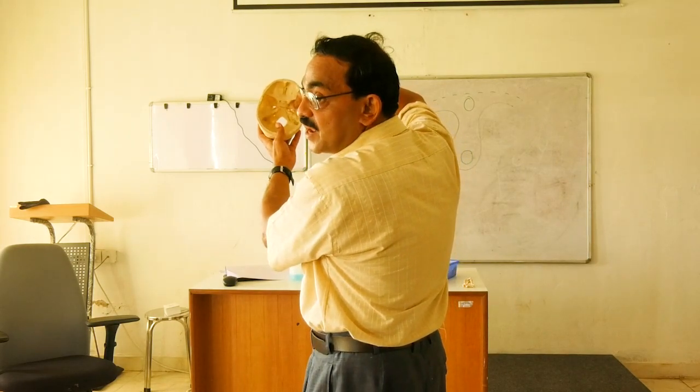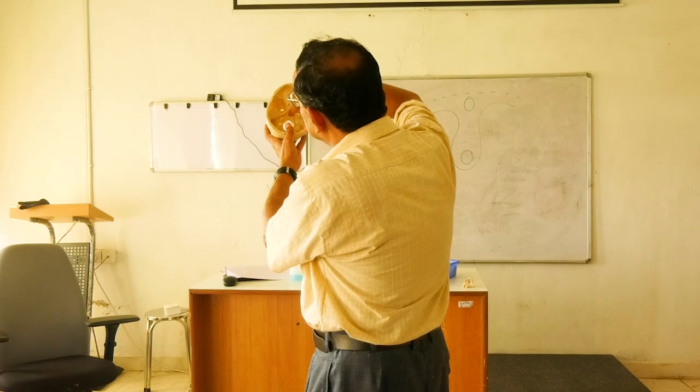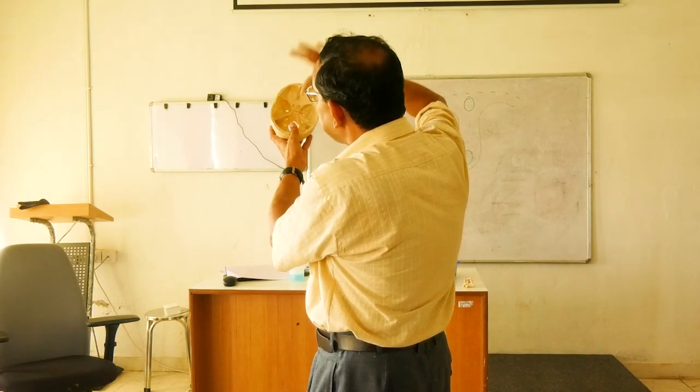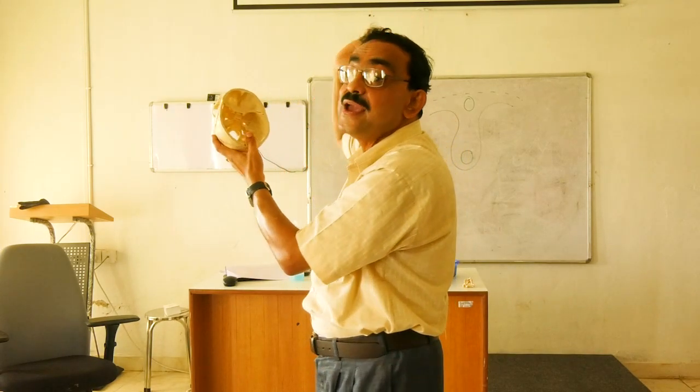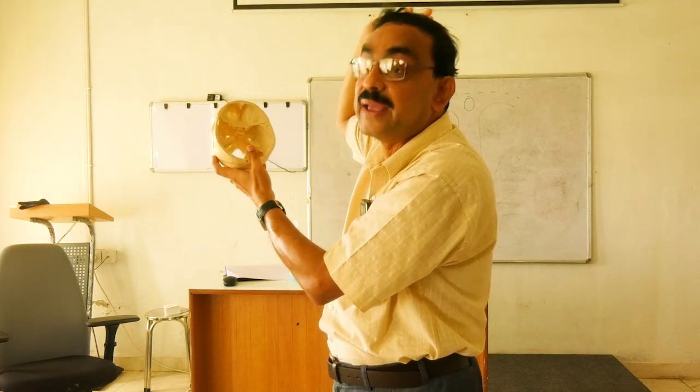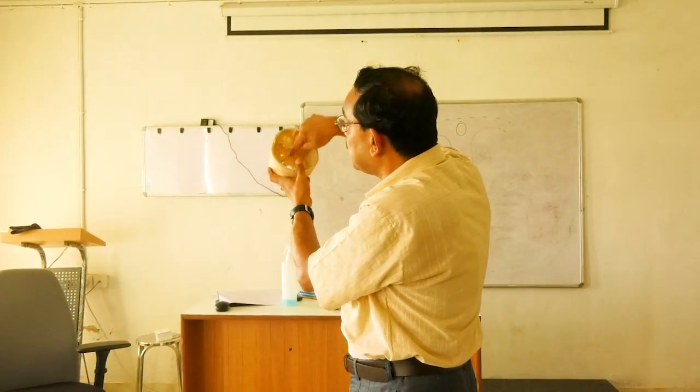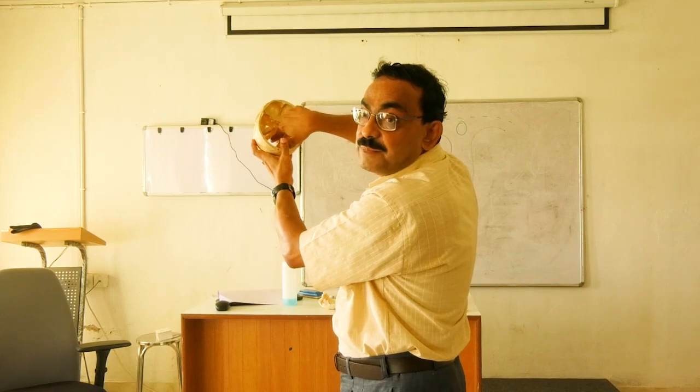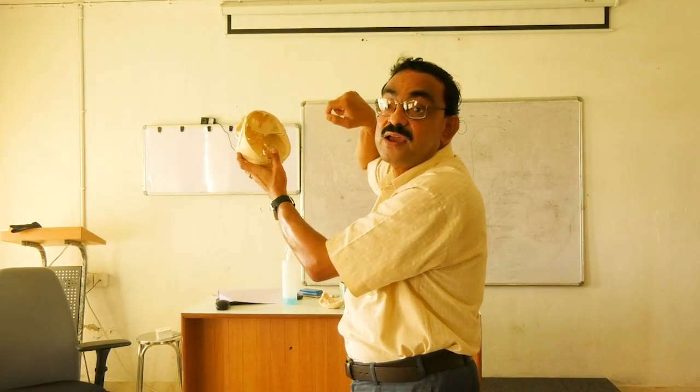This bone is called the sphenoid bone. So the part which is contributed by the sphenoid is called the basisphenoid, and the part which is formed by the occipital bone is called the basiocciput.